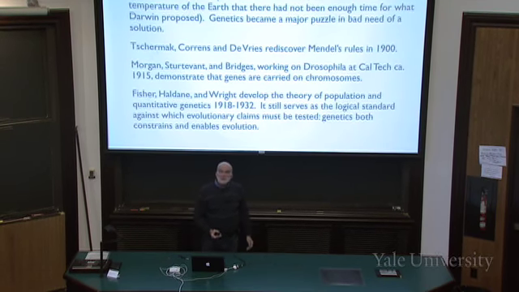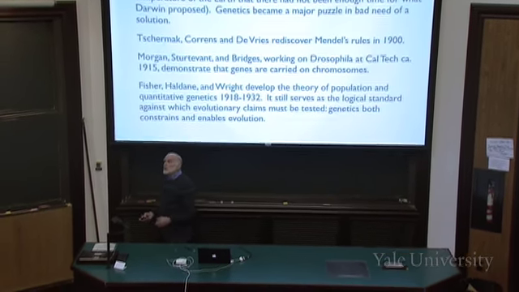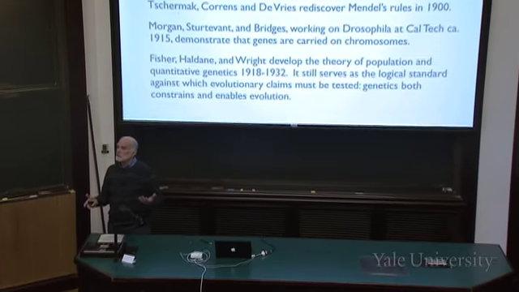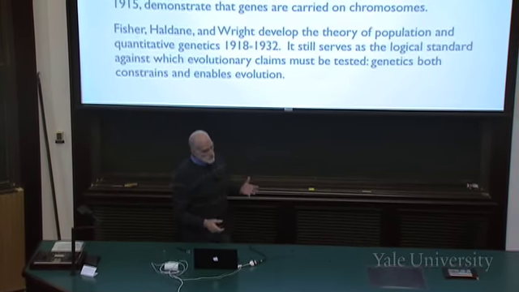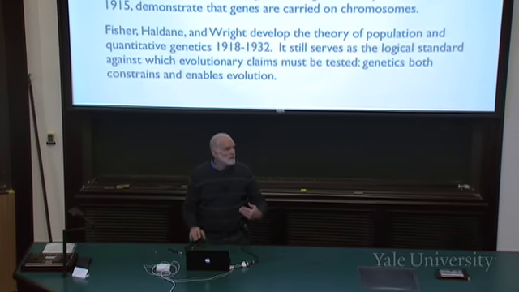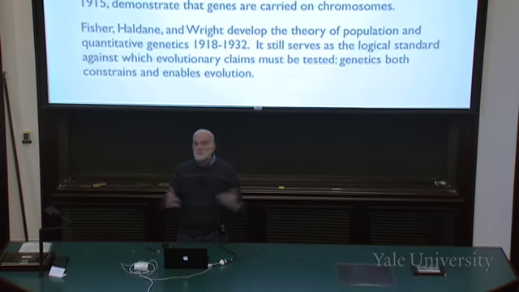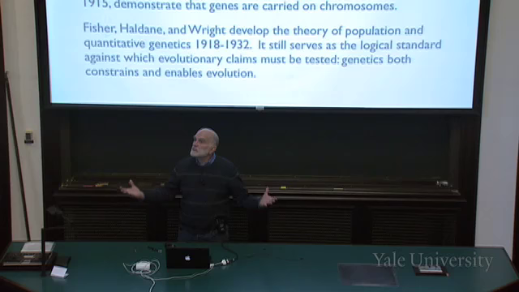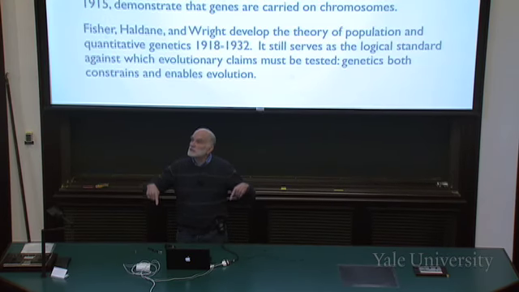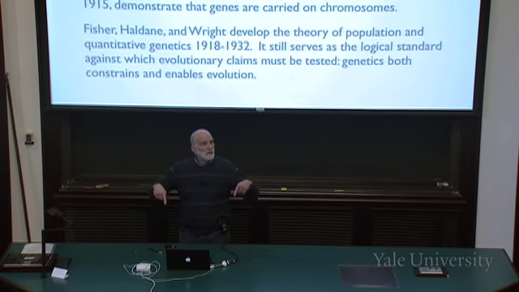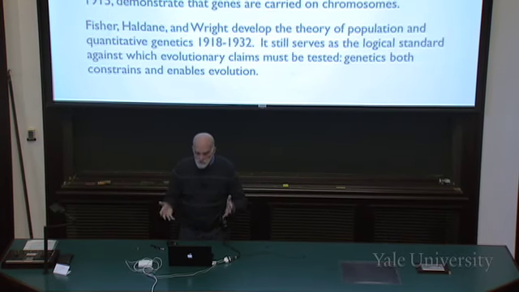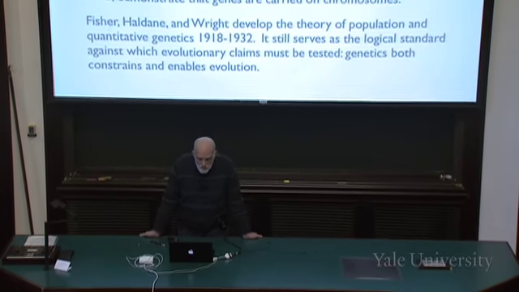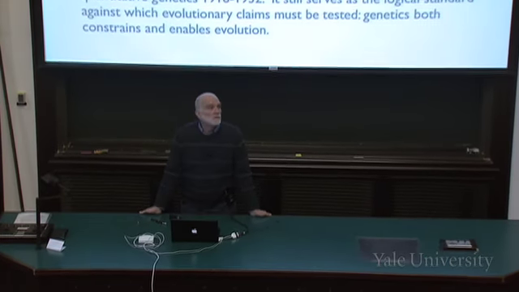However, there were still issues about whether all of this would actually work at the population level. It was not immediately clear that you could take Mendelian genetics, construct populations out of it that obeyed Mendel's laws, and have natural selection work. To do that actually required a fair amount of math, and the people who did it were Ronald Fisher, J.B.S. Haldane, and Sewall Wright.